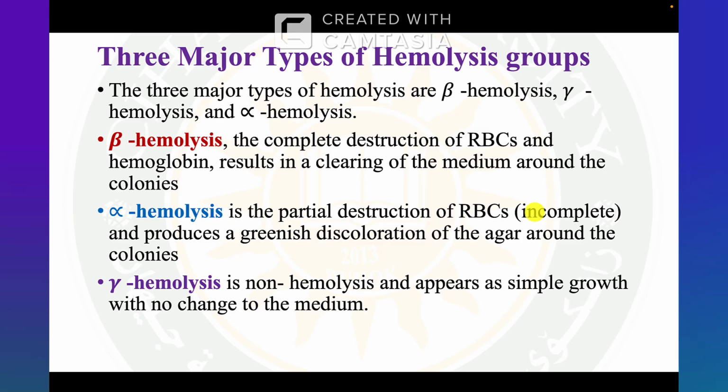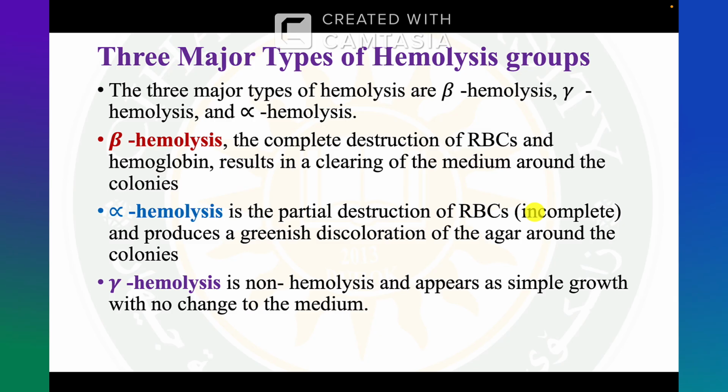Beta hemolysis shows complete destruction of RBC and hemoglobin. It appears as a clearing zone around the colony, with a yellow color around the colonies.